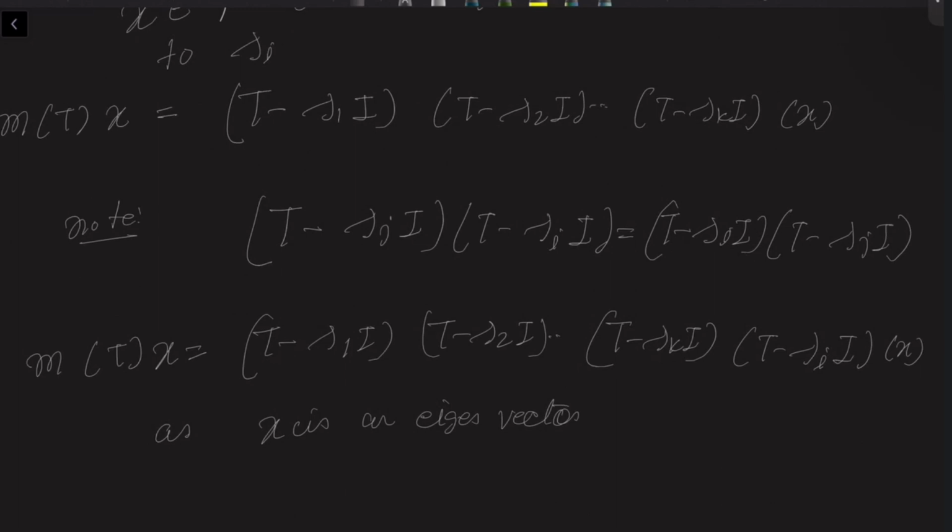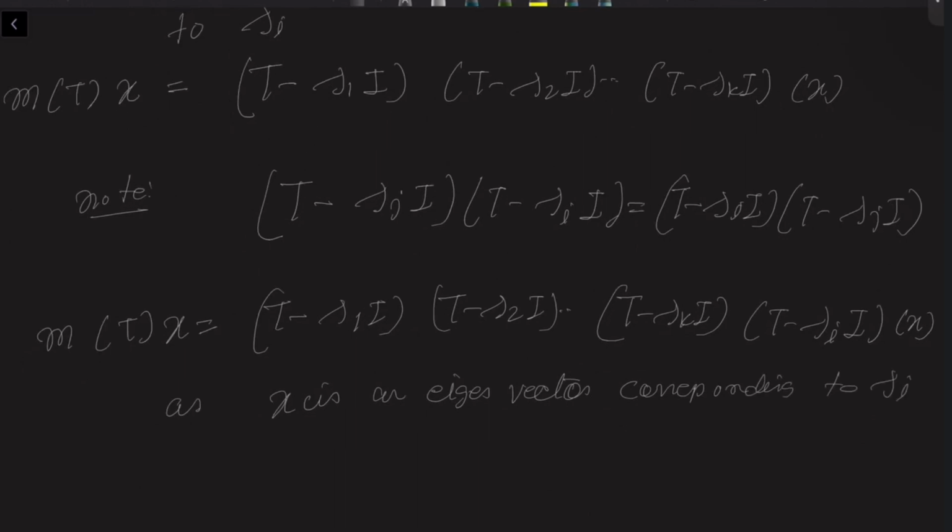As x is an eigenvector corresponding to lambda I, what is the value of t minus lambda I times x? It is 0.